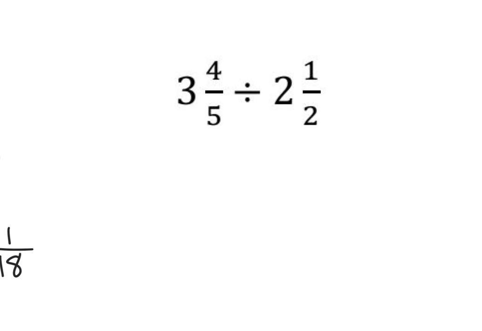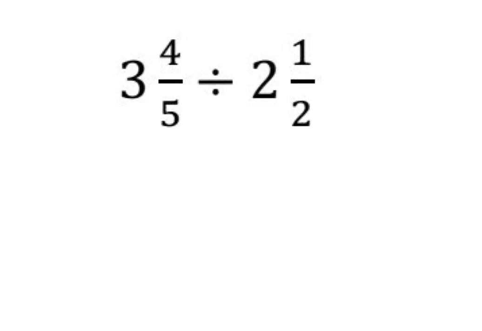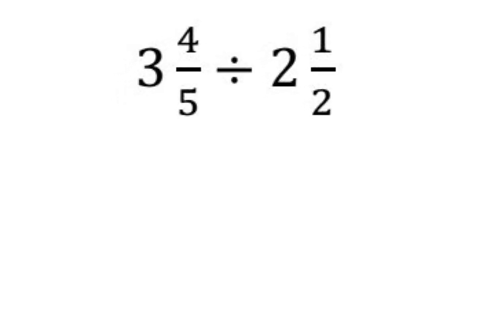All right, last problem. This is the same thing, but we can't have this be a mixed number. So remember, we start at the bottom and we work our way up, multiplying and then adding. Because we need to change this into an improper fraction.